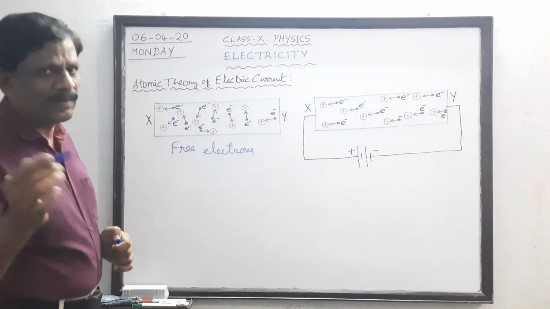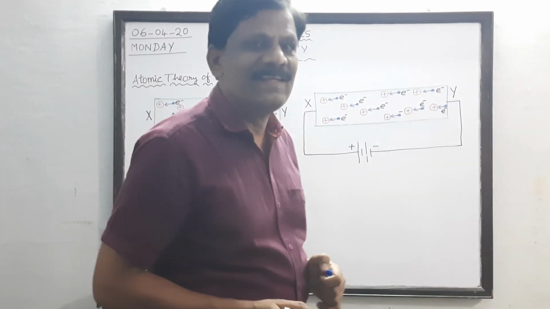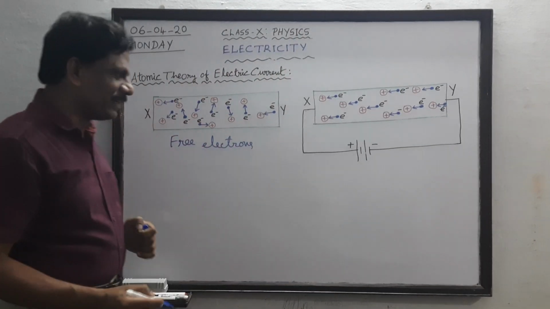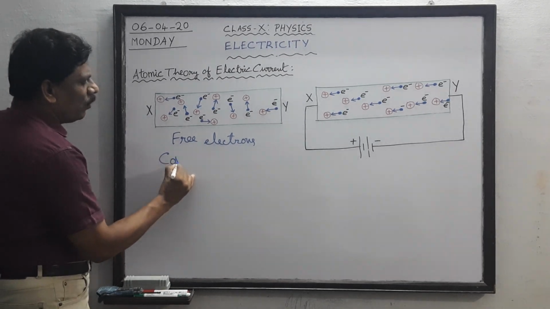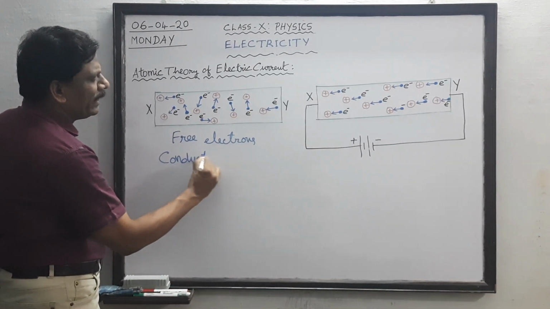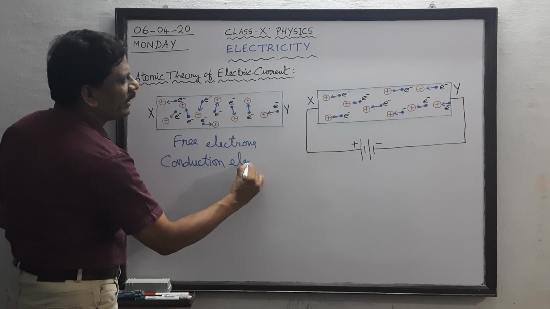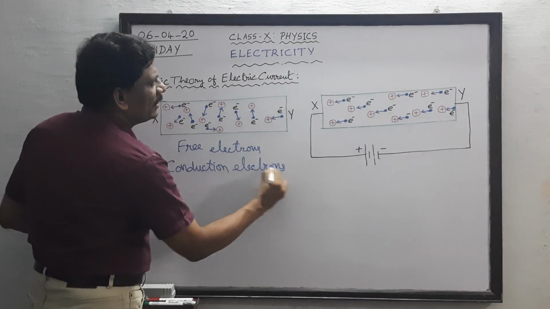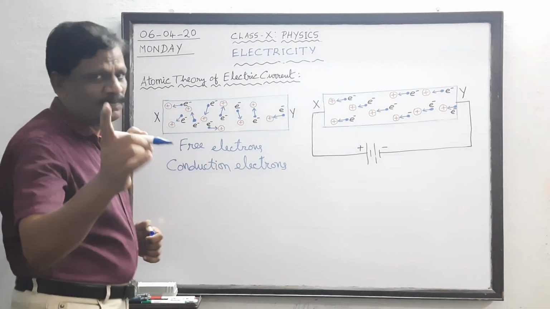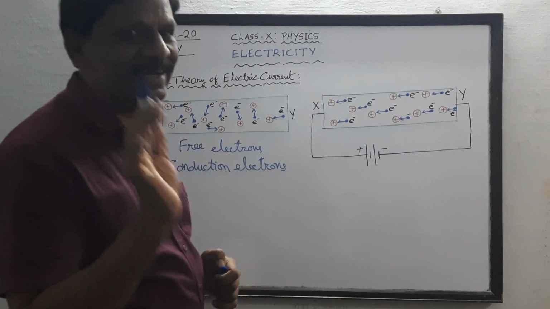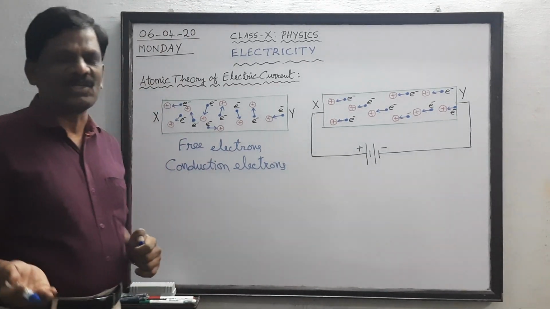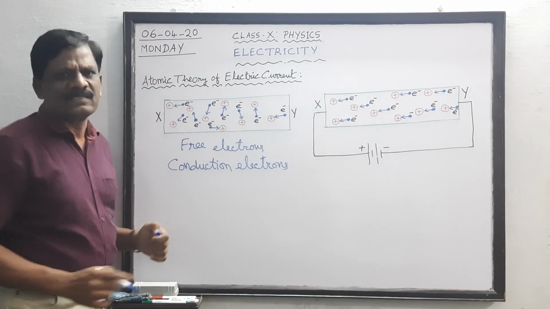What is the other name I told for the free electrons? Yes, good. Conduction electrons. Why am I giving another name for these electrons as conduction electrons? Because these free electrons only are responsible for the conduction of current through a conductor. So free electrons are otherwise called as conduction electrons.